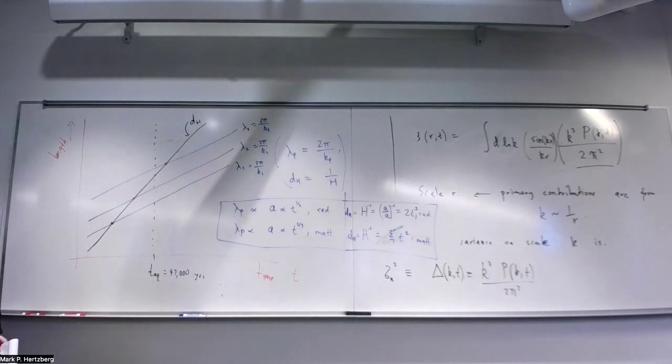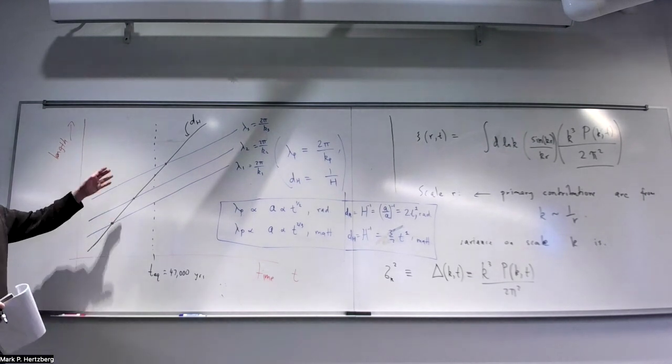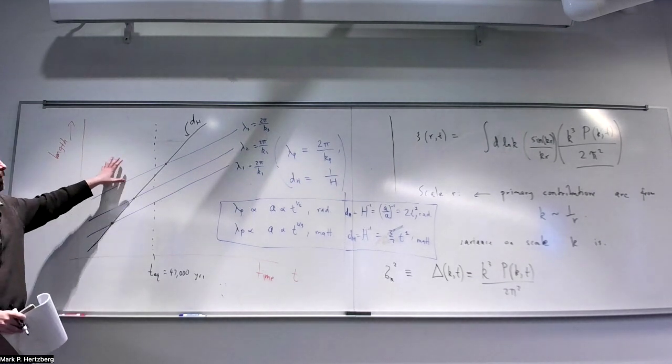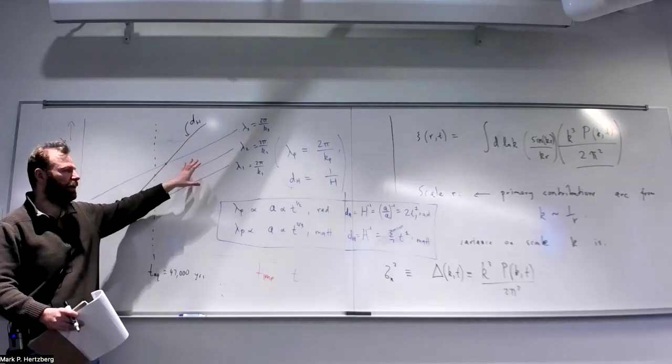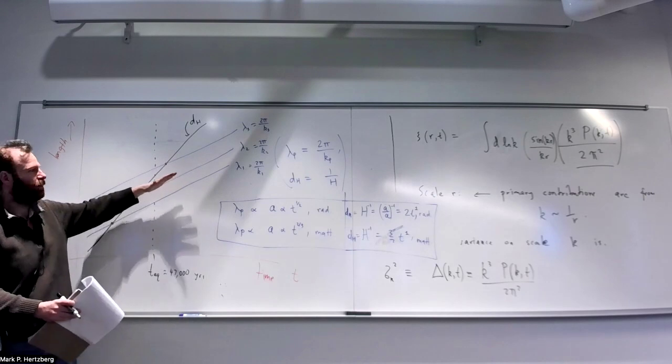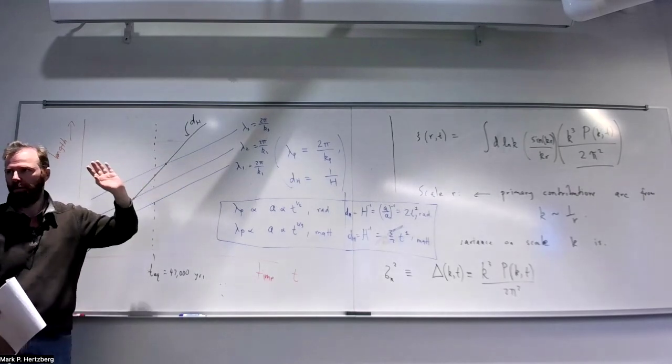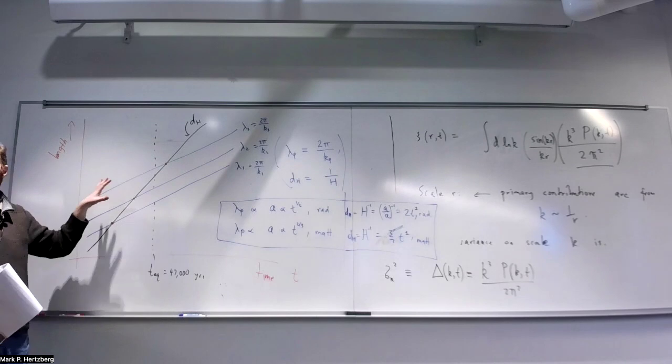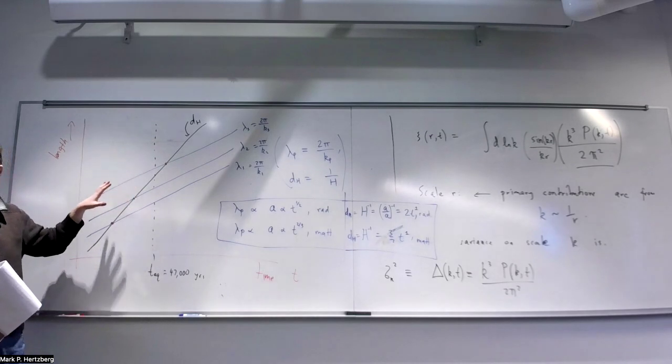So if I was being precise, my blue curves should have a little bend when they cross this line, because you go from the radiation era to the matter era. So I should really transition from a t to the 1/2 to a t to the 2/3. So I should put a little kink in these lines. Okay, but qualitatively it's like this. Is everyone okay with that?